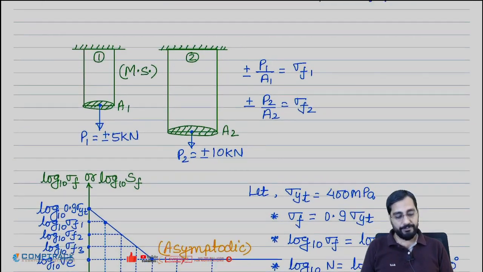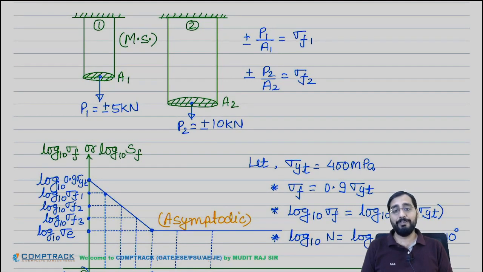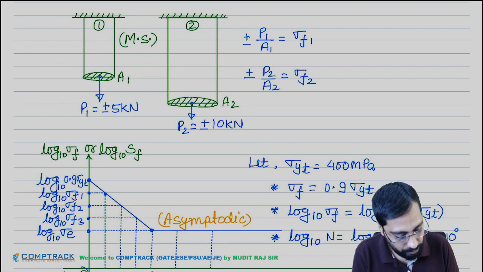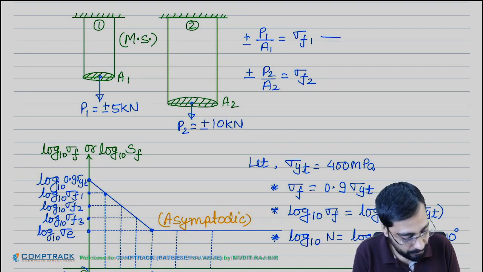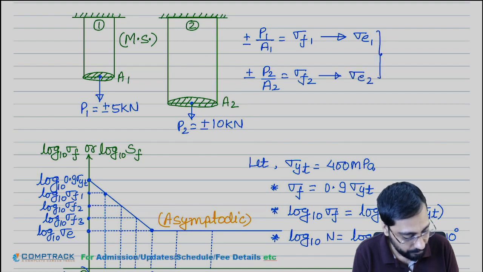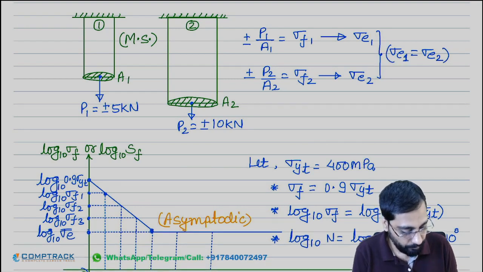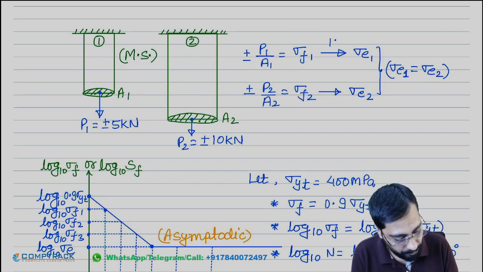Achha, this was left incomplete, complete it. This will be sigma F1, so for this sigma E1, sigma E2, but sigma E1 will not be equal to sigma E2. This is for 10 to the power 6 cycles.